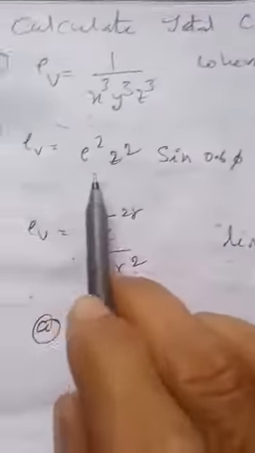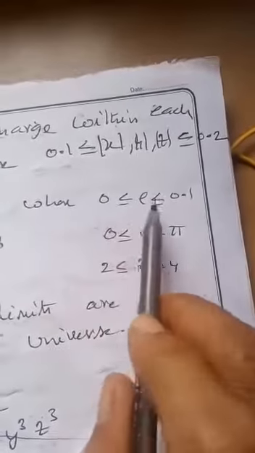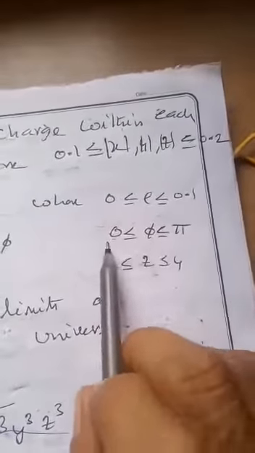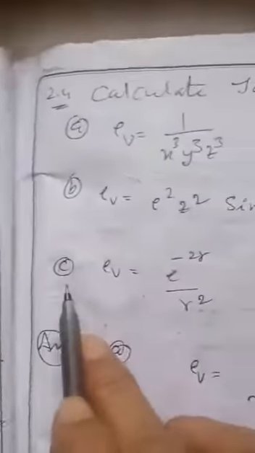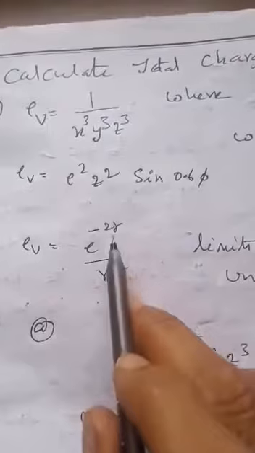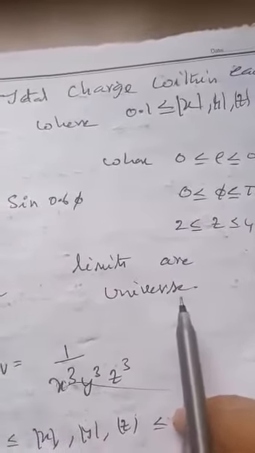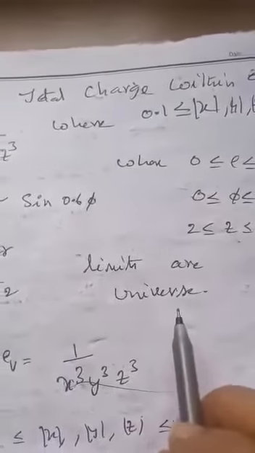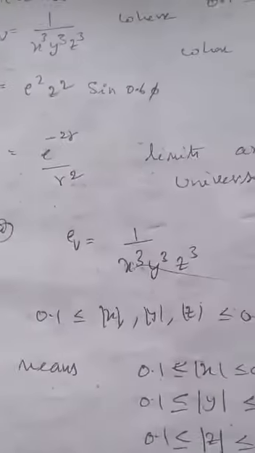Rho v is equal to sin phi. Rho limits are like this: rho varies from 0 to 0.1, and phi varies from 0 to pi, and z varies from 2 to 4. And the problem c is rho v equal to e power minus 2r divided by r square. So the limits are the universe, and here also the key point is how to choose the limits for the universe. So let us discuss the first problem, a.